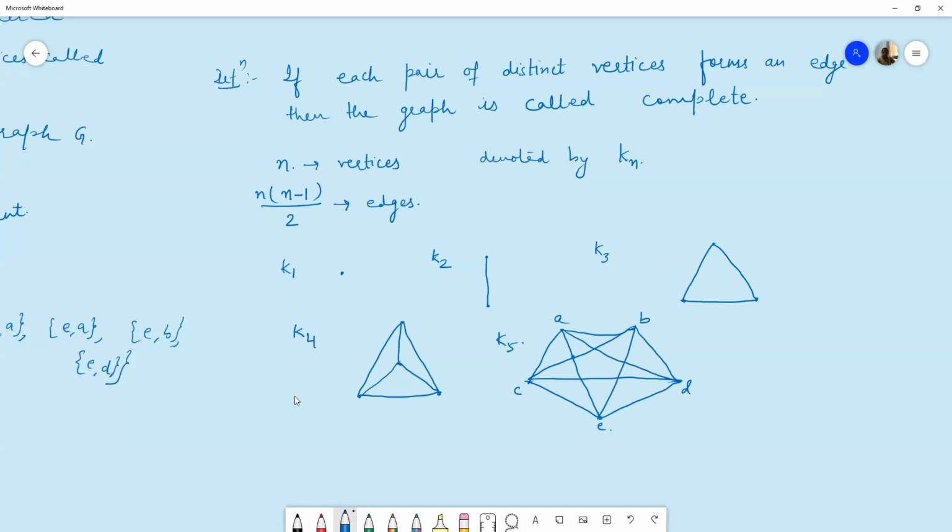So these types of graphs are called non-planar. So let us define planar graph. A graph is planar if it can be represented by a drawing in the plane in such a way that two edge curves intersect only at vertex points.